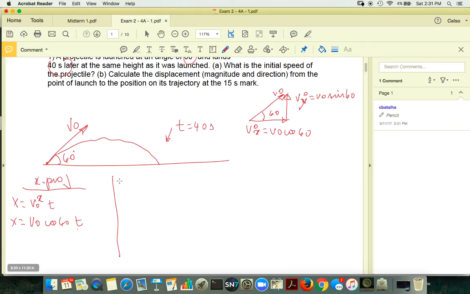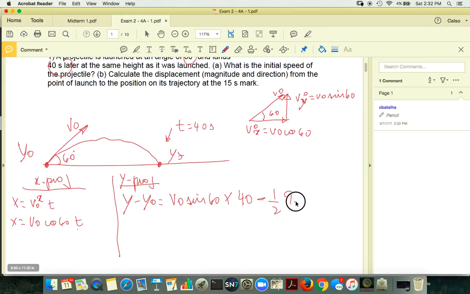So for the y projection, one interesting aspect here is that the initial position, y naught, is also equal to the final position. Whatever height that is, could be 0, but anyway, when you set your equation of motion, y minus y naught is equal to v naught y, which is v naught sine of 60, times the time, which is 40, minus half 9.8 times 40 seconds squared.